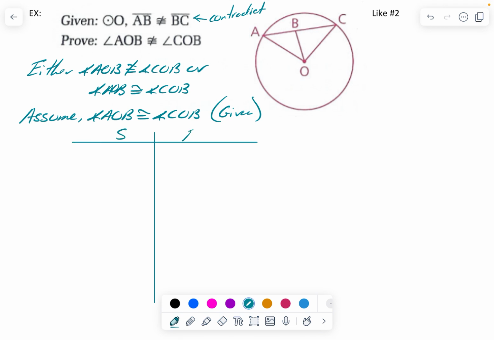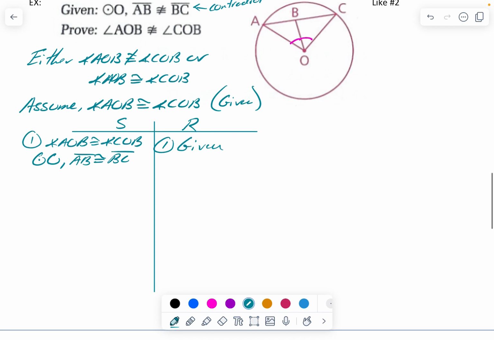So that is a given. And so we can mark it. AOB congruent to COB. Those two are congruent. In addition, if you want to write it down here, you can do that too. And then we have circle O, and we have AB not congruent to BC. So that is all that we're given.